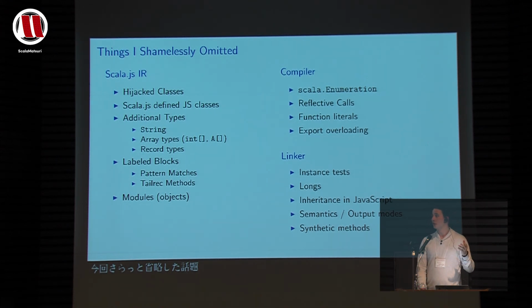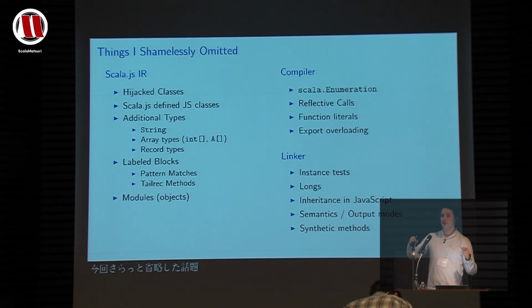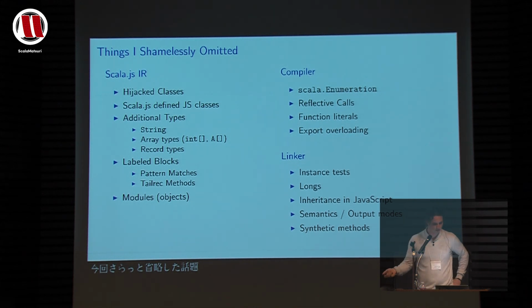Primitive types are another example. We don't do any boxing in Scala.js. So a java.lang.Integer is actually a JavaScript number, right? But the JavaScript number doesn't have a method doubleValue, but java.lang.Integer has. So if you call doubleValue on a java.lang.Integer, you have to know, oh, this might actually be a number under the hood. So I need to do all kinds of magic. That's what hijacked classes are.